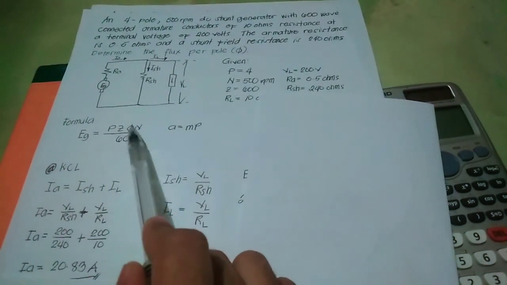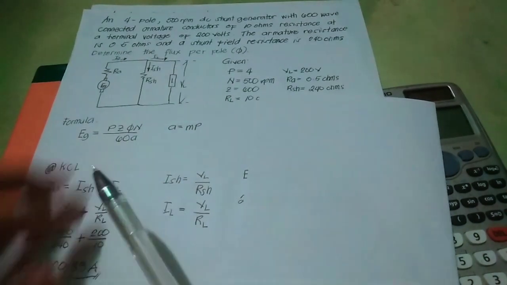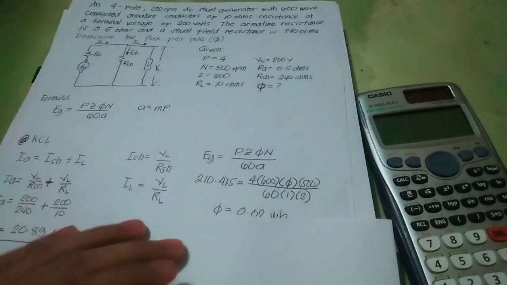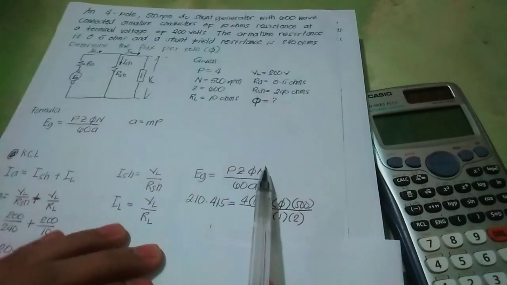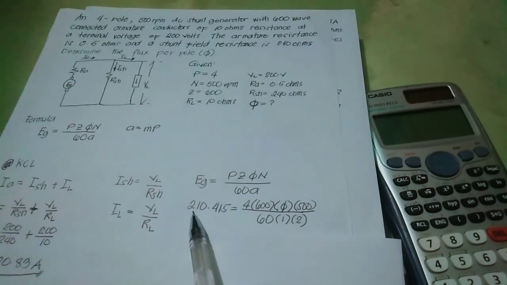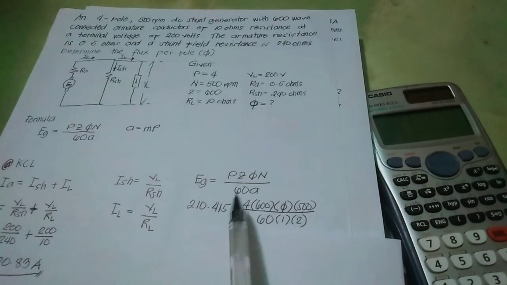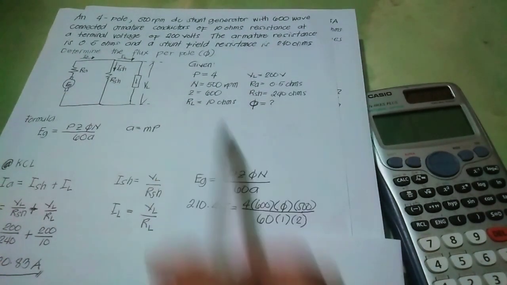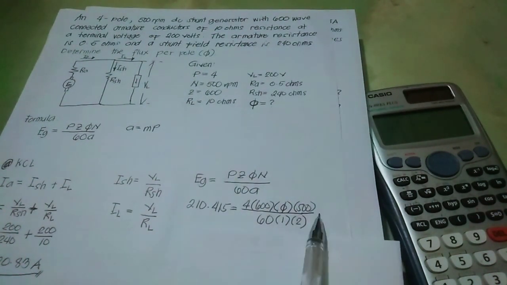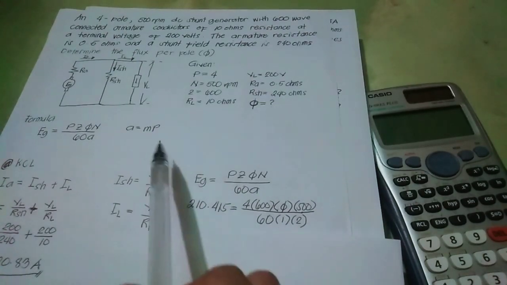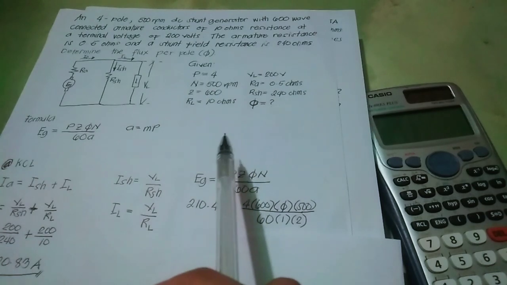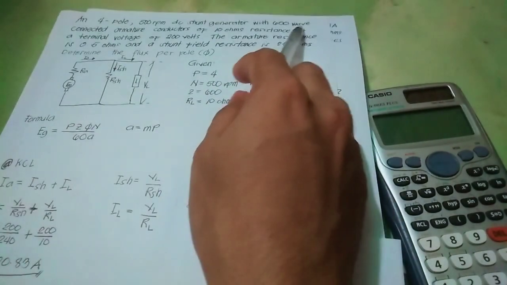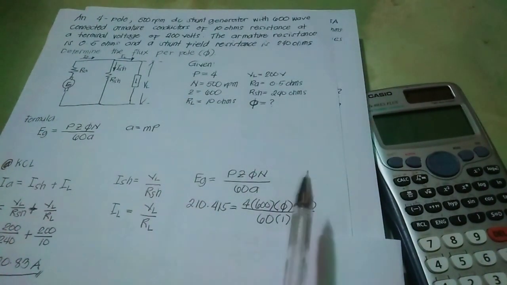Since we now have the given, we go back to our formula, EG equals P Z flux times N over 60A. So here, we have the EG that we found, 210.415, equals the number of poles, 4, times 600 for Z, and the unknown flux times the speed over 60 times A. Since it is simplex, the multiplex is 1 and the number of paths is 2, since it is wave winding.